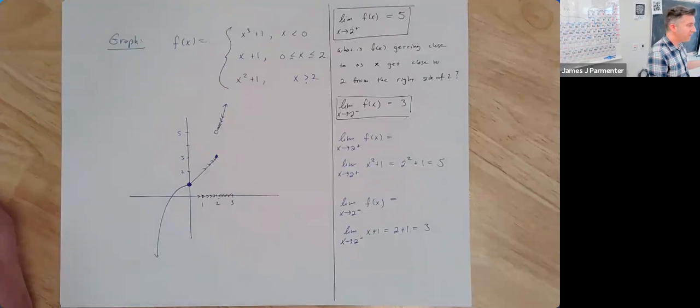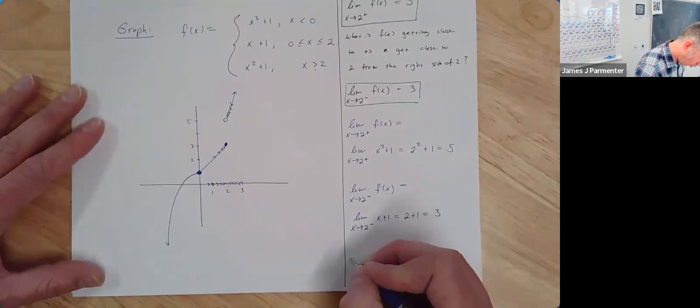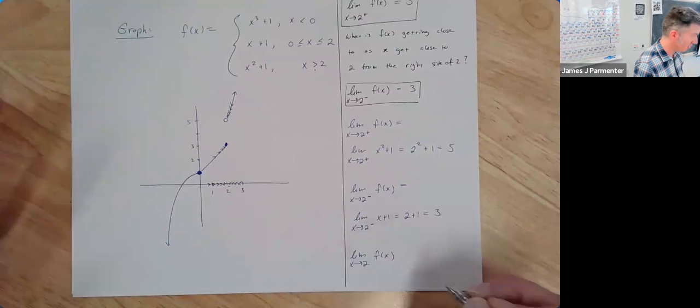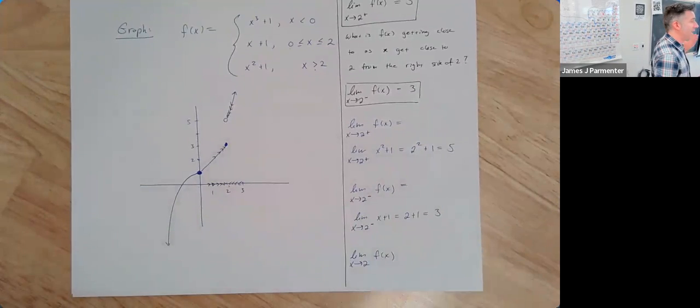So graphically, a limit can exist regardless of whether or not the point is filled in or not. We don't really care. Now, these are both one-sided limits. If I said, what's the limit as x approaches 2 of the function just in general, the double-sided limit, we would say that that limit does not exist.